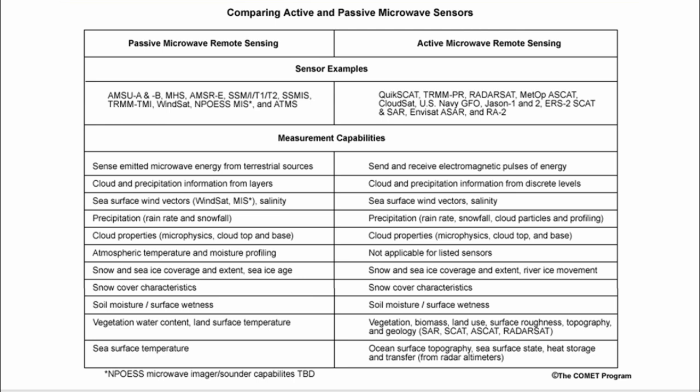Passive microwave is better at estimating vegetation water content and land surface temperature. Active microwave sensors are better at vegetation structure and biomass, land use, surface roughness, topography, and geology. Passive microwave sensors can be applied to sea surface temperature, while active microwave sensors can be applied to ocean surface topography and surface state.